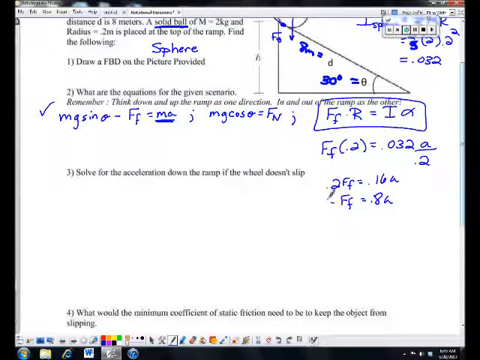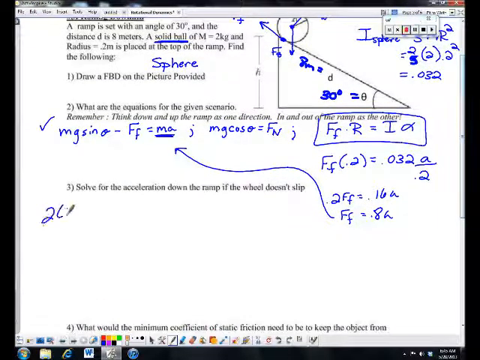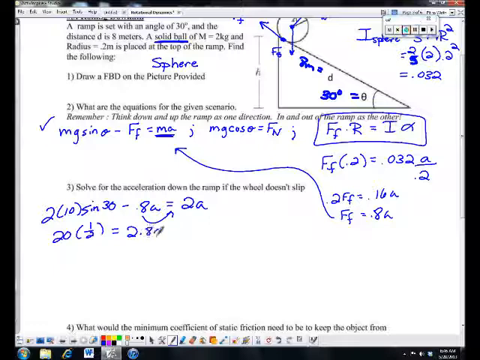So now I'm going to take that and come over here. M is again how much? Let's make sure I got it right. It's 2. Yep. So 2 times 10 times sine of 30 minus my force of friction of 0.8A equals my m of 2 times an unknown A. So 20 times sine of 30, which is a half, I'm going to slide this over here, equals 2.8A.